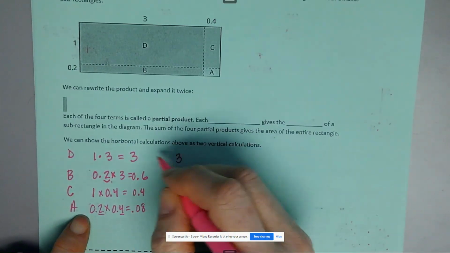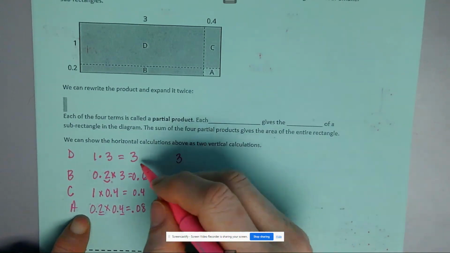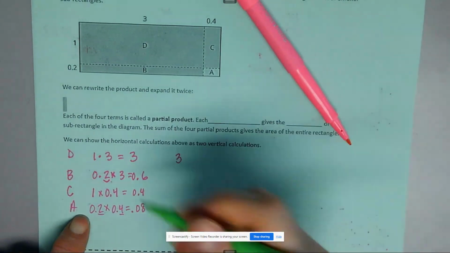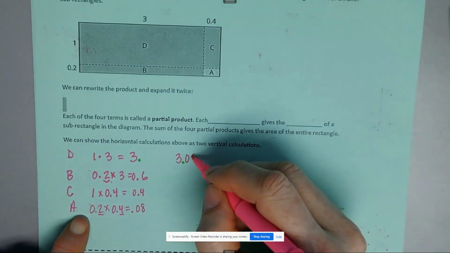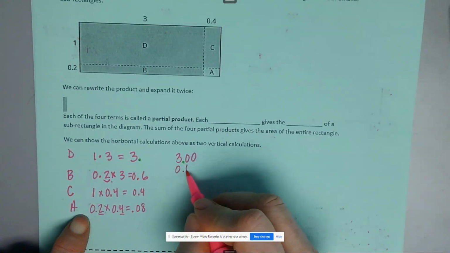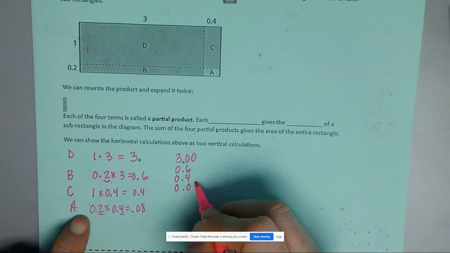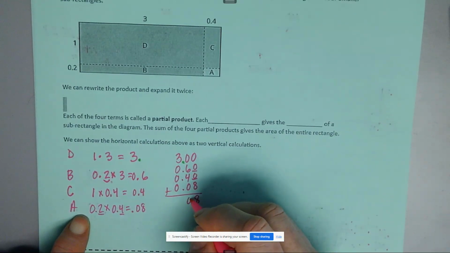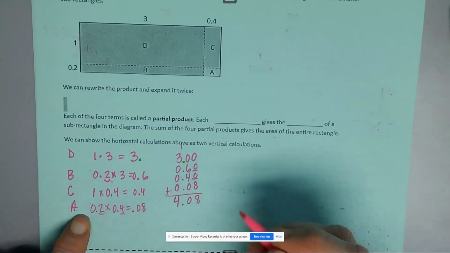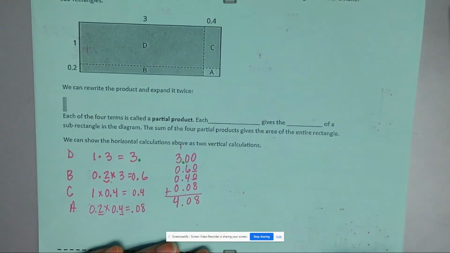Now, if I'm going to add that up, I have to use decimals, right? Place value. 3 is a whole number, so it has that invisible decimal on the right. And then 0.6, 0.4, 0.08, and then I fill in my other placeholders. 8, 10, carry, 4 800ths.